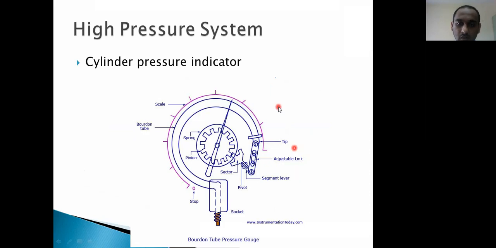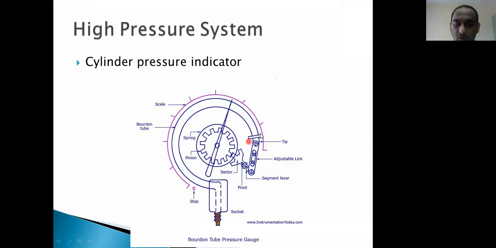Now this is how a pressure indicator functions. So from the bottom part, the pressurized gas enters this hollow curved metal tube. As the pressurized gas enters, this tube tries to straighten due to the pressure of the gases.